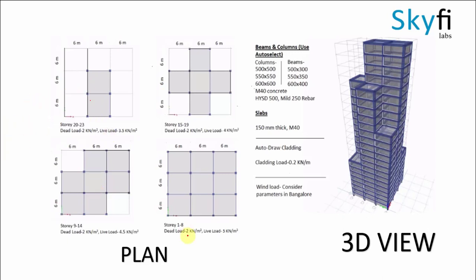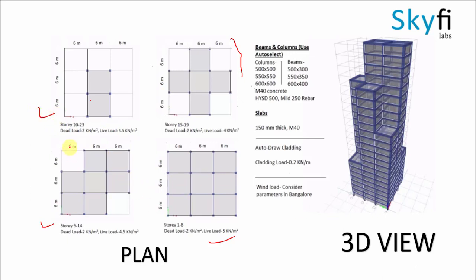Now let us come to the plan. From the bottom to story 8, we have a shape like this. From 9 to 14, we have a shape like this. From 15 to 19, the shape of the building is like this, and in the topmost part of the building, the shape is like this.